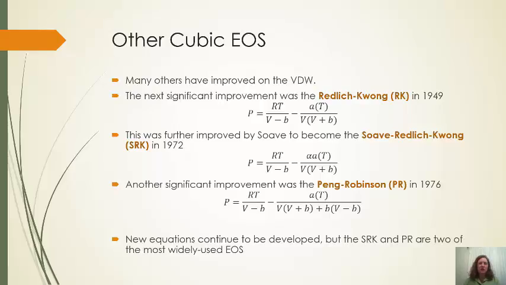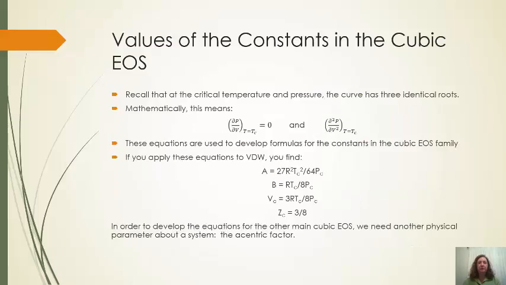There are many, many other equations that are used, but most of the rest of them are for very specialized systems. They will tend to work very well for a system with high polarity or something like that. Now, all those constants: we went from PV equals RT, where we had one constant R, and we all know what that one is equal to, to suddenly an insane number of constants, and they're not even constant, they vary with temperature.